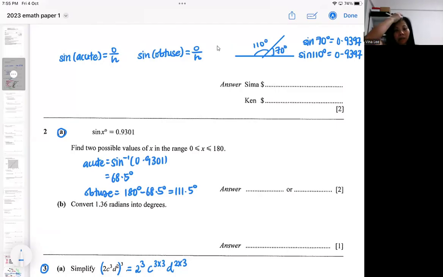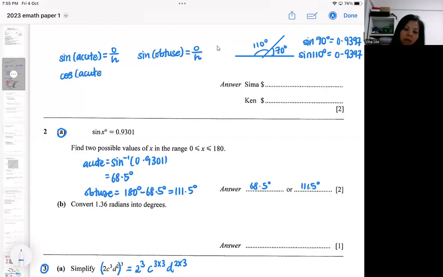Does that mean that if you are given cosine, you will have two possible answers? From this question, I will lead you on to what if it's a cosine. Let's recall the formula.